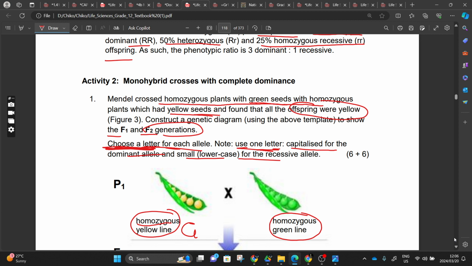Mendel crossed homozygous plants. You see now, Mendel crossed homozygous plants, they are the same, with green seeds. It means green here, this side. And then homozygous plants which had yellow seeds, this side, and found that all the offspring were yellow.